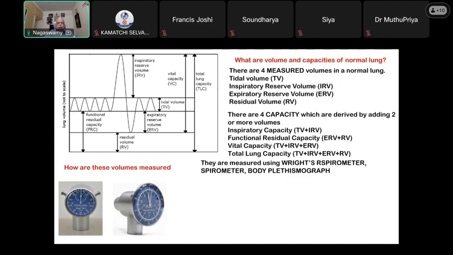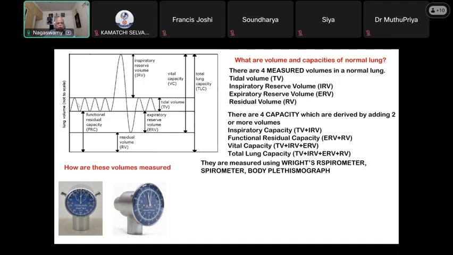But why is it called tidal volume? Why cannot it be called inspiratory volume or expiratory volume? Now, if you see this picture, you will get the answer. See, this is the tidal volume which has been measured here. This is inspiration, this is expiration, inspiration, expiration.